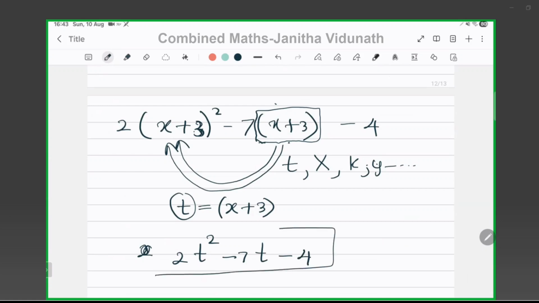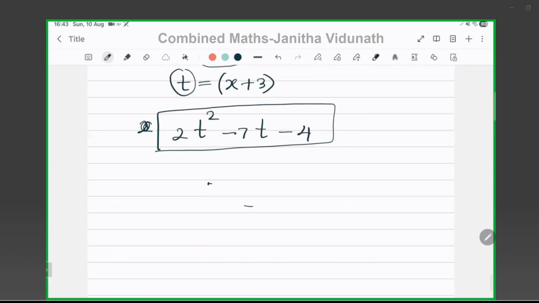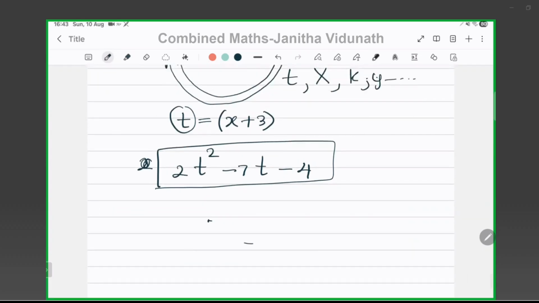Now this looks like the same trinomials that we have factorized up to now. The change is that instead of x, there is a t term. Others remain the same. Then we need to factorize this with our current knowledge. Here we have our shortcut method.